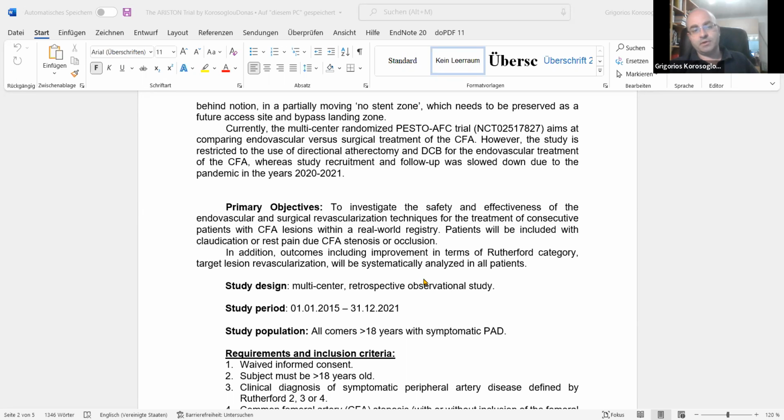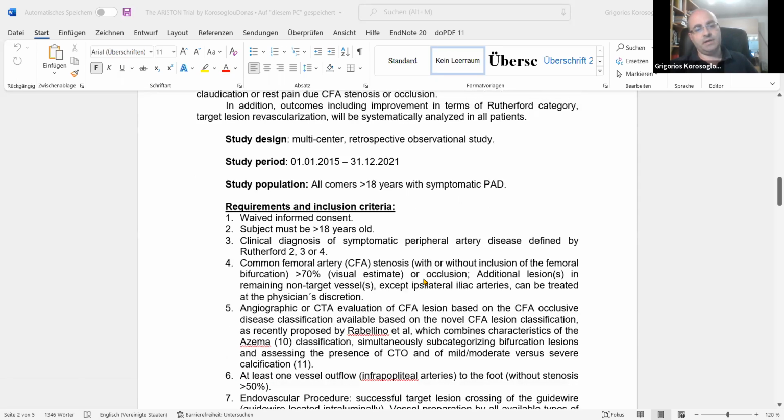Patients will be included with claudication or resting pain due to common femoral artery stenosis or occlusion. In addition, we would like to collect clinical outcomes in terms of improvements in Rutherford categories, and of course, patency and target lesion revascularization. All these things should be systematically analyzed.